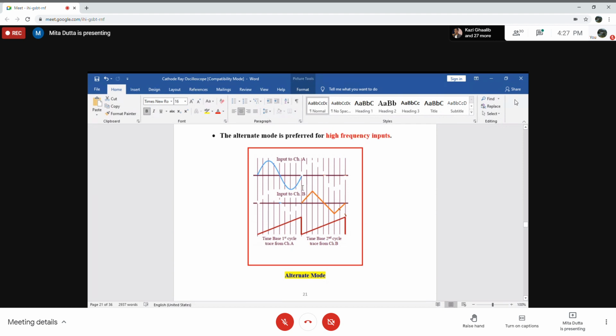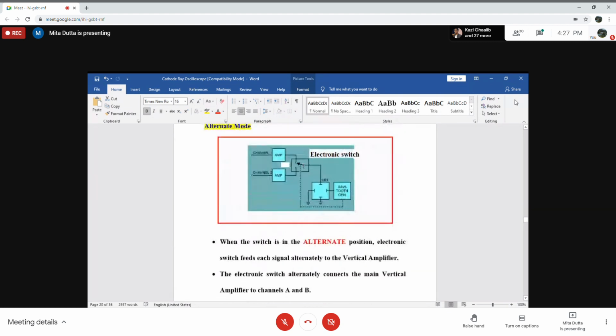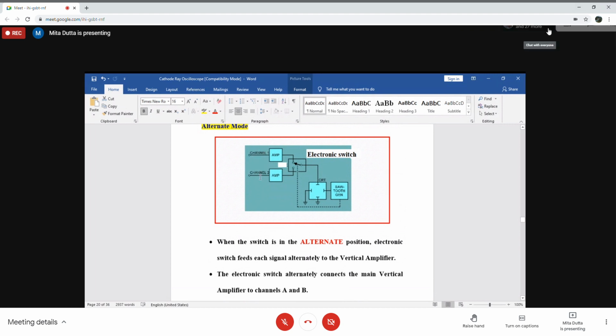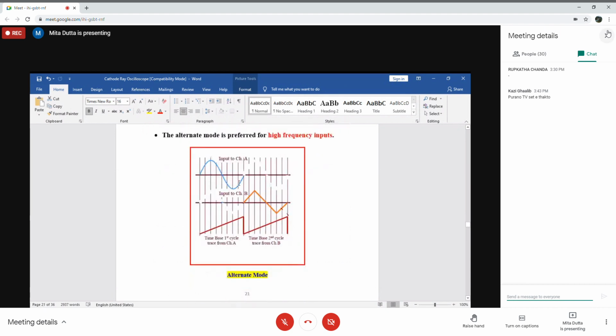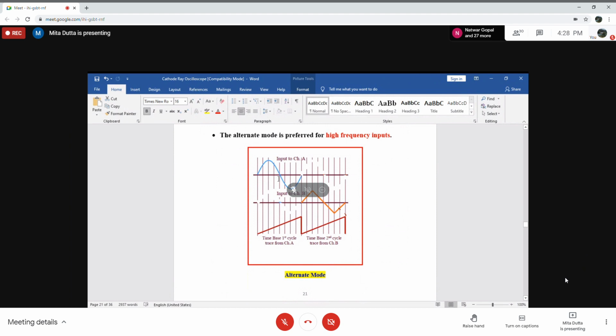and the frequency of this switching is equivalent to the frequency of the signal presented at channel 1 and channel 2. So we have the first signal displayed at one sweep, and for the second sweep the next signal will be displayed. So these are two signals at two different instants of time.